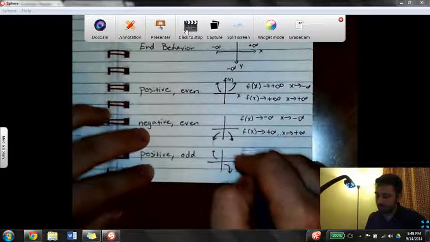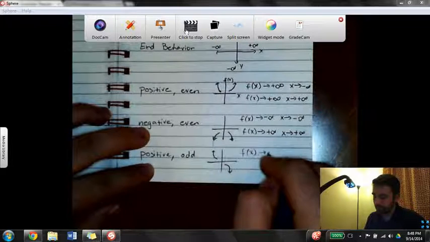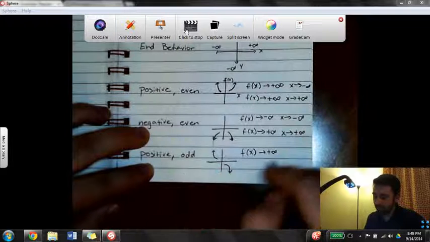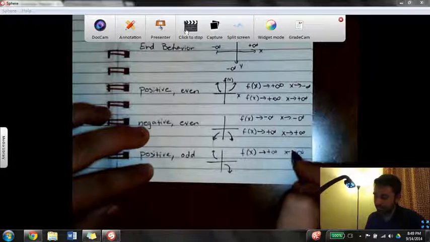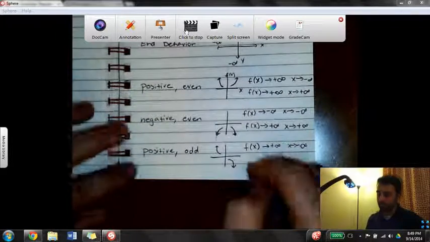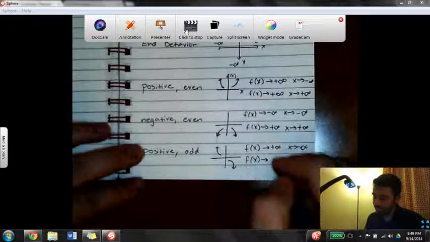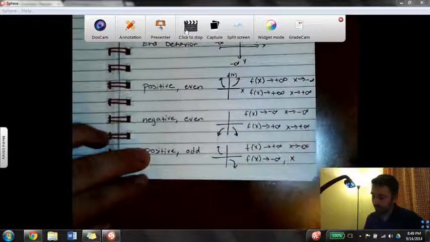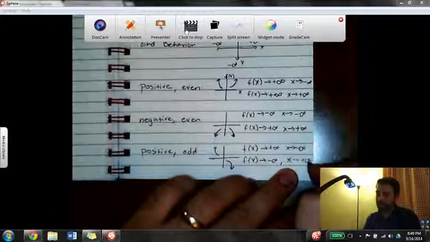And so here, our f of x values approach a positive infinity when our x values approach a negative infinity. F of x values approach a negative infinity when our x values approach a positive infinity.